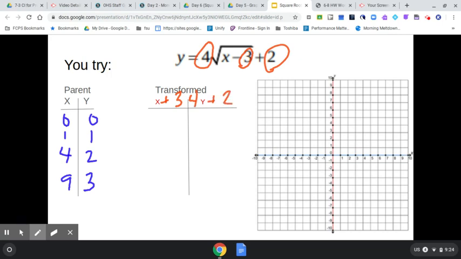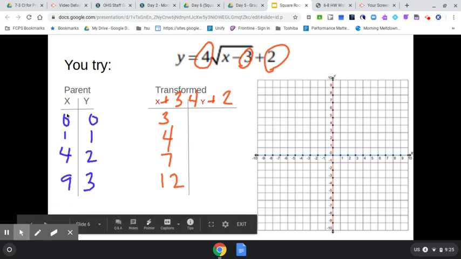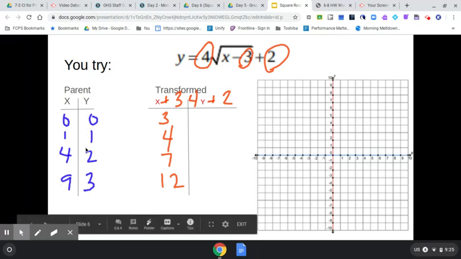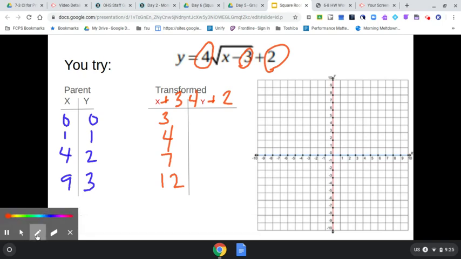So I'm going to take the y value, multiply by 4, and add 2. The new x values are 3, 4, 7, and 12. Again, I just took these x values on the parent function and I added 3 to them. Okay, next we're taking the y values, we're multiplying them by 4, and we are adding 2.